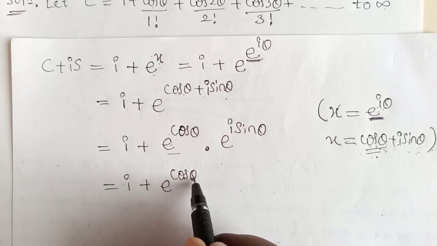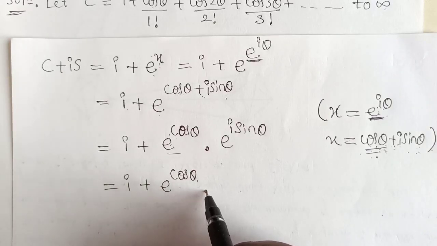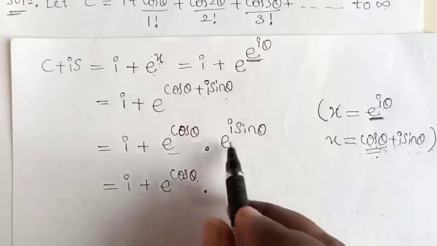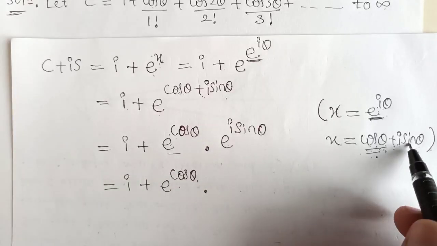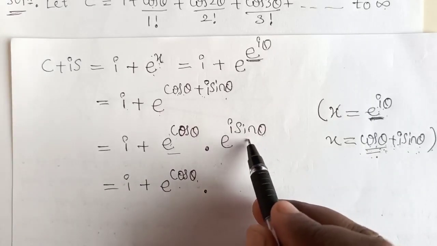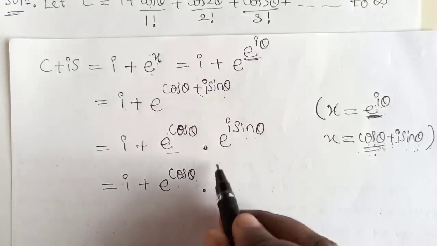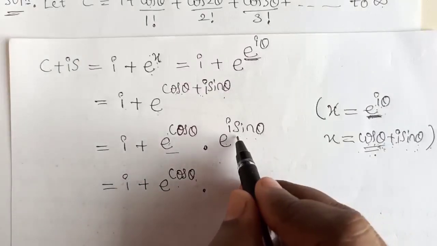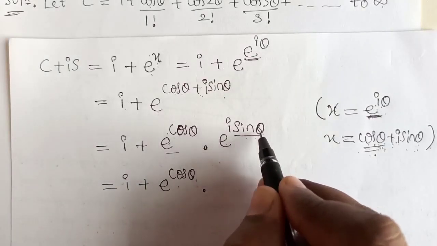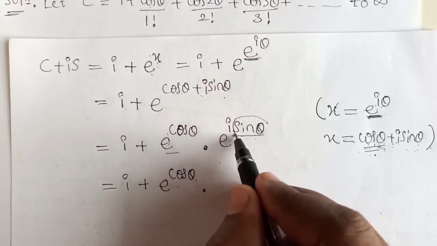I will keep this as it is, into, now I will write this one again by using this formula, but instead of theta we have sin theta. Therefore in the place of theta I will represent it by sin theta. So see here, e raised to I, you imagine that this term is theta.